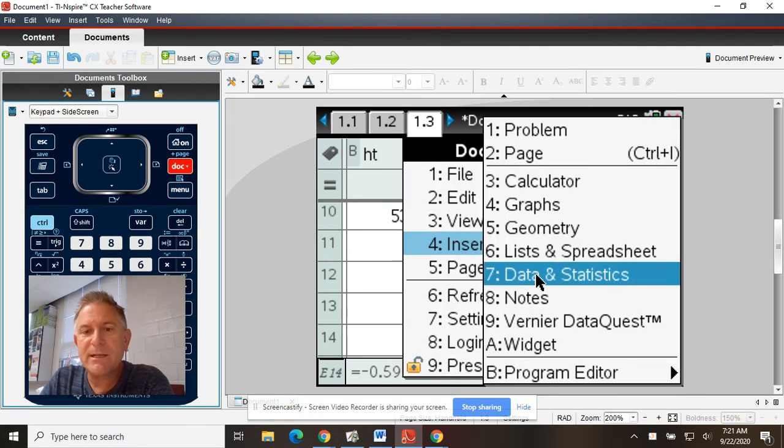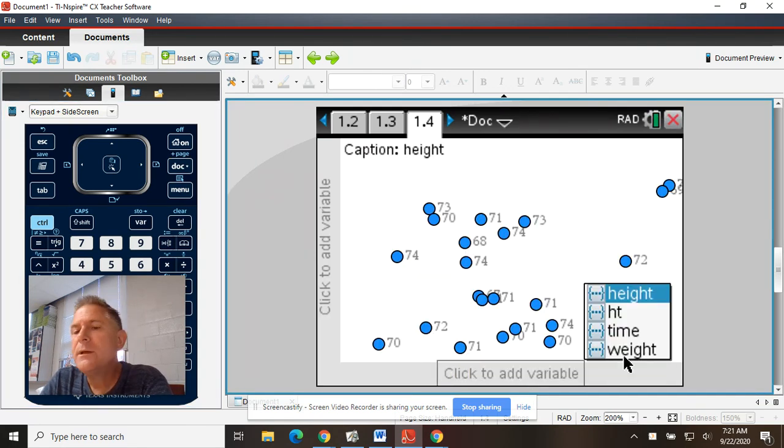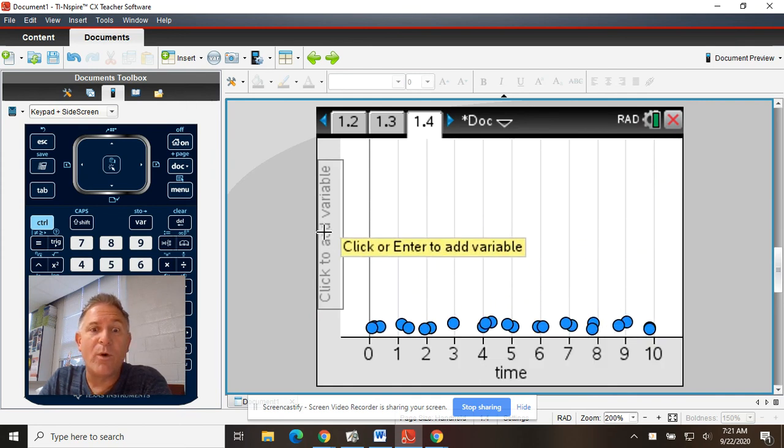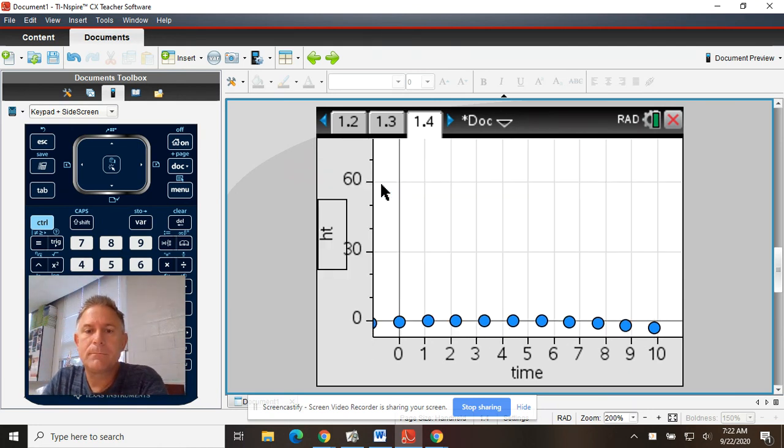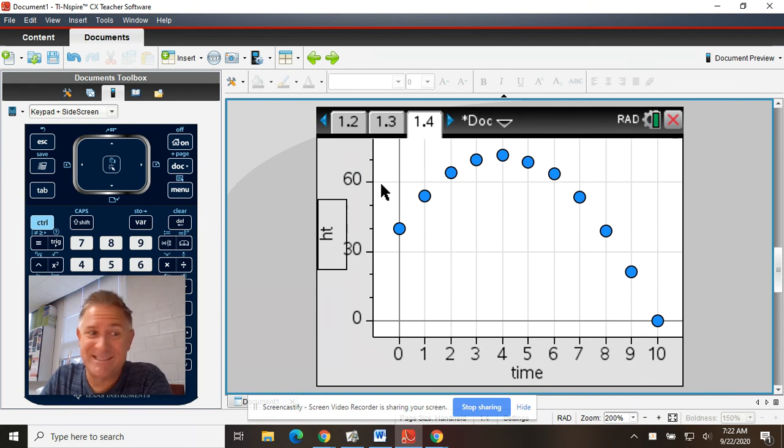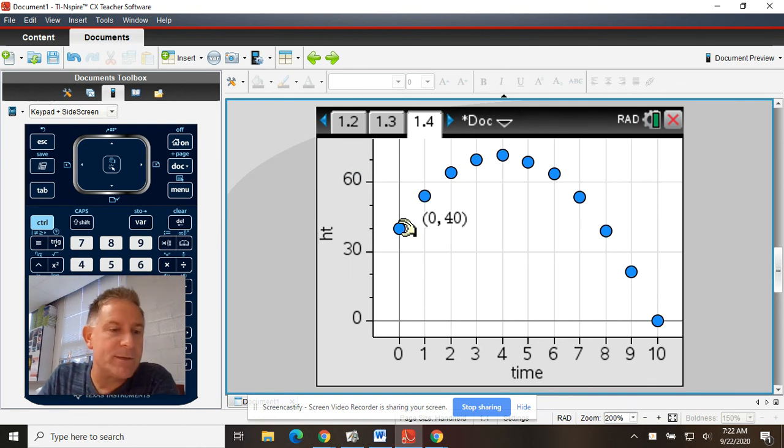So let's do that. Data and statistics. First one's time. Now watch this. We want it, remember, we want it to be linear-ish. Let's see if it is. That's not linear-ish, no. So this one, there's definitely a relationship, right? Looks to be perhaps parabolic.